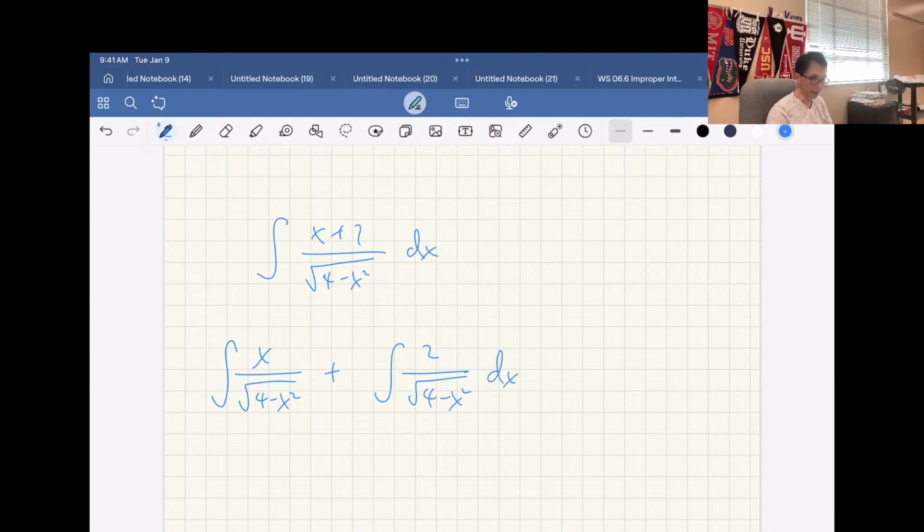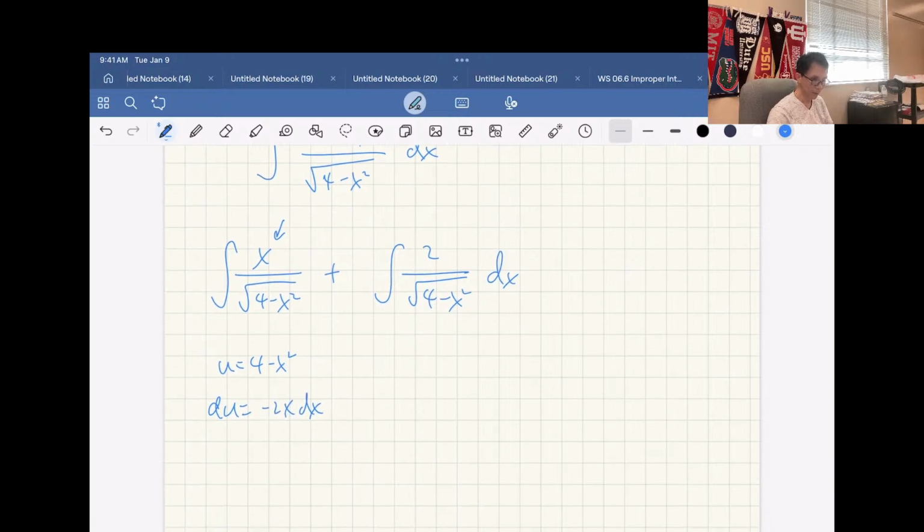Now the left case is not arcsine. If you realize, this is not arcsine because u equal to 4 minus x squared rather than u equal to x. du equal to negative 2x dx, and du over negative 2x equal to dx. So that's going to be x over u to the 1/2, and this one's going to be times du over negative 2x.